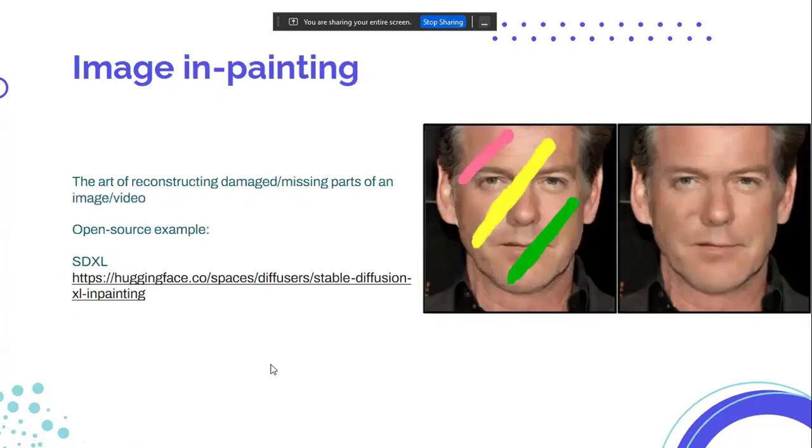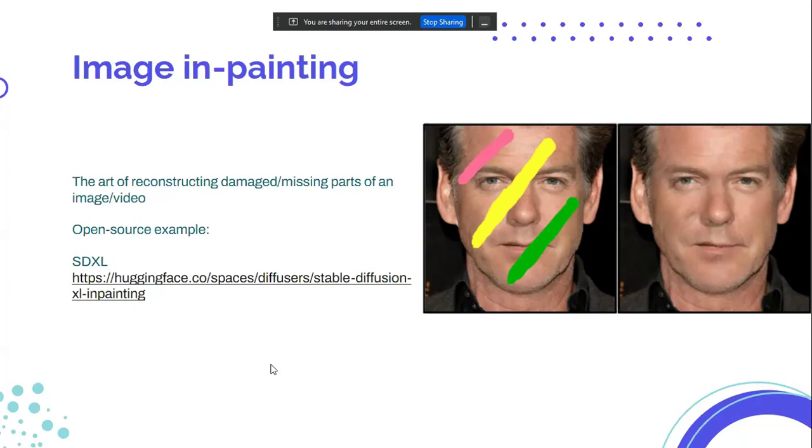So the next one is image inpainting. For image inpainting, I'd like to explain it using the old photography that we used to have, if you can remember the days of Kodak and the likes. Imagine having a photo that is damaged or has been cut.